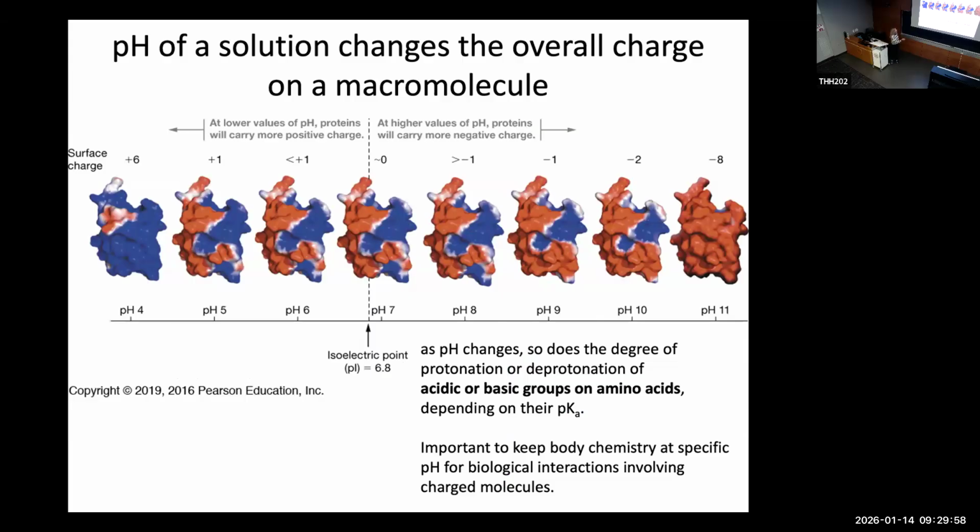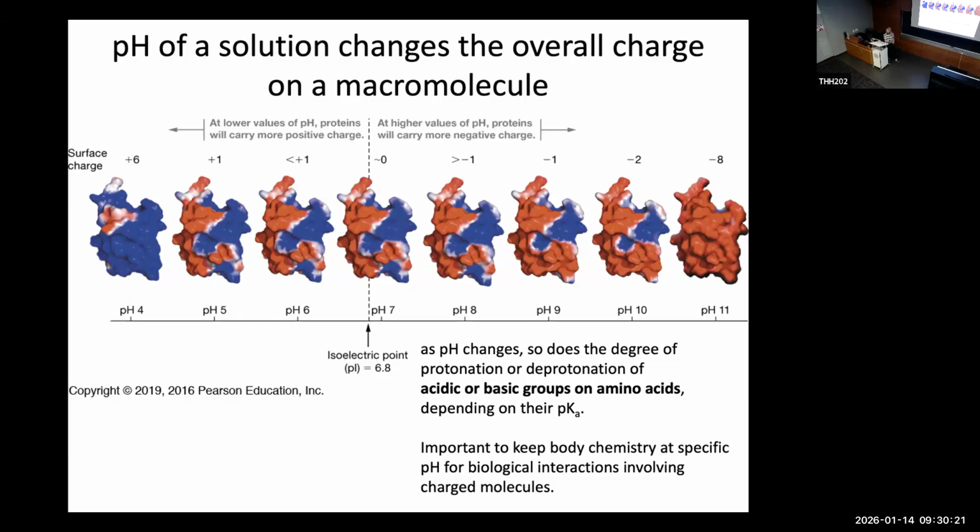Okay? So if you have a protein at essentially physiological pH, the isoelectric point of this particular protein is 6.8. That is the pH at which overall that protein is neutral. It has some negative charges and some positive charges, but overall it's neutral.